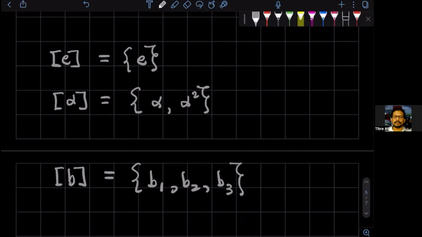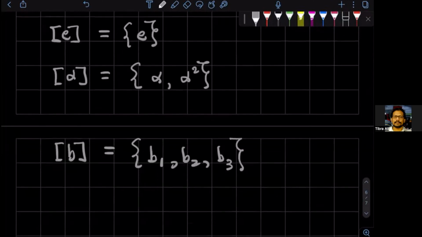So, you just do this for D4 and you get more. I actually worked this out. I think I have the solution somewhere. For D4, did you guys do D4 in the tutorial?